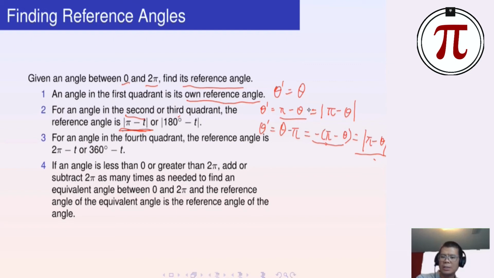In both cases, it equals the absolute value of pi minus theta. You can use t if t is the angle. Third, for an angle in the fourth quadrant, the reference angle is 2 pi minus t, like we did here.